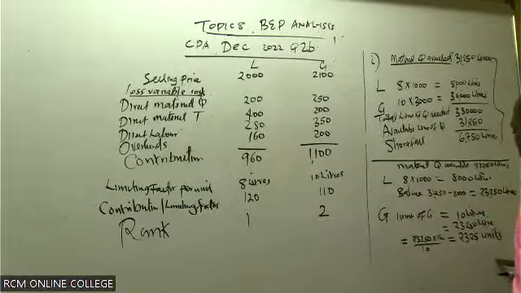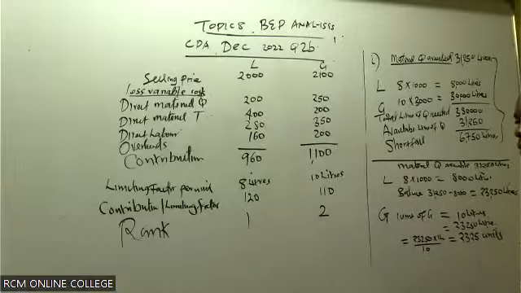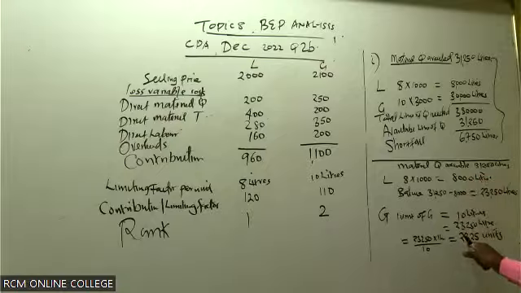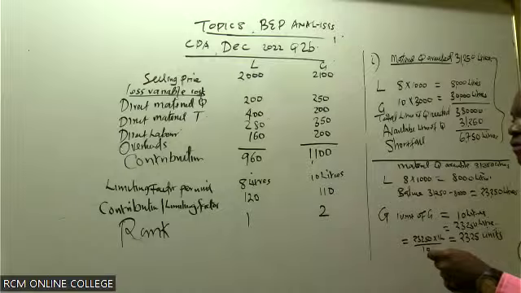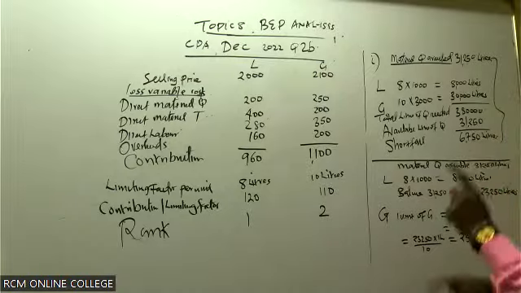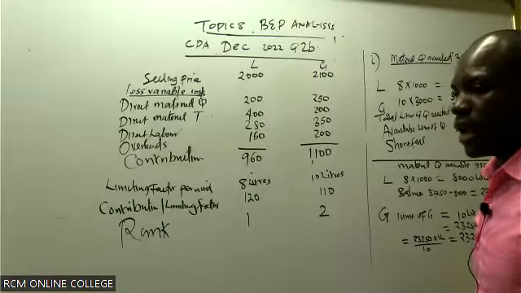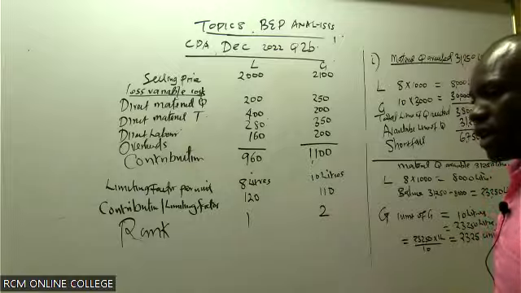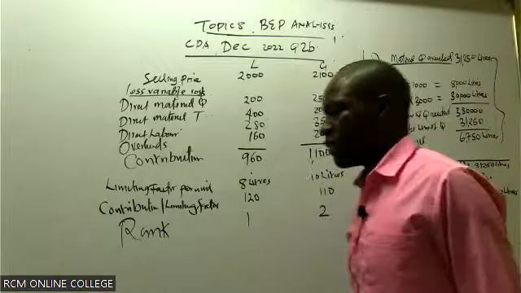How many units will they not produce? Because they can only produce 2,325, but the total demand was 3,000. So 3,000 minus 2,325, tunabaki na ngapi? 675.